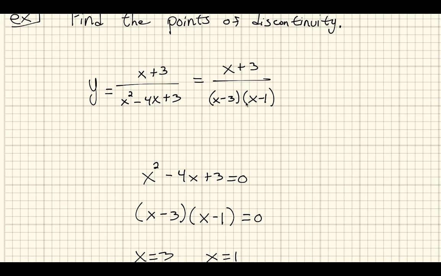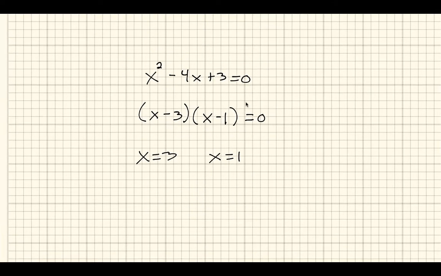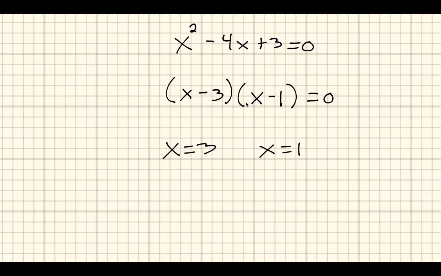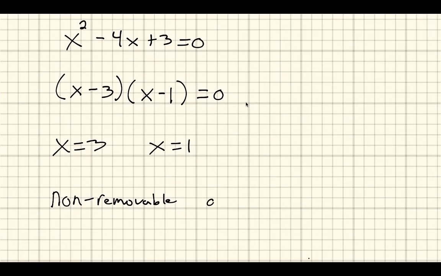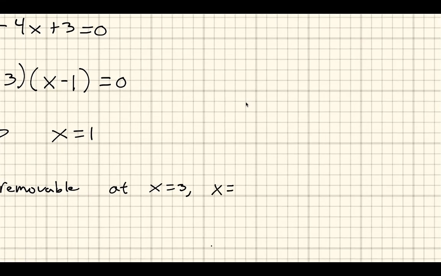So there's going to be no removable types. Okay, these are going to be both non-removable at x equals 3 and x equals 1. Okay, so 2 points of non-removable. All right.